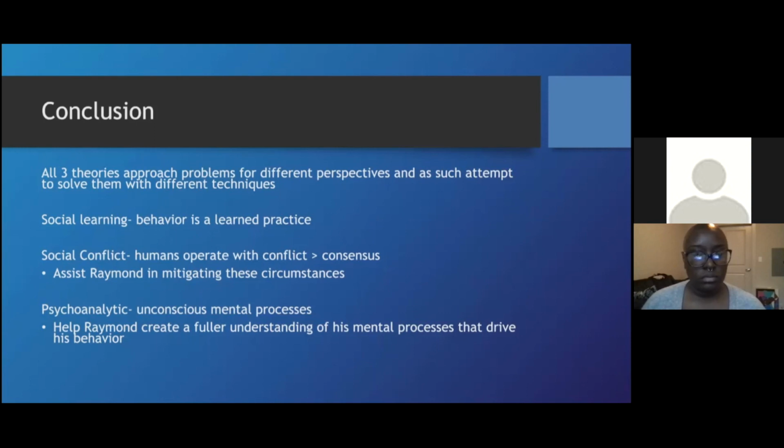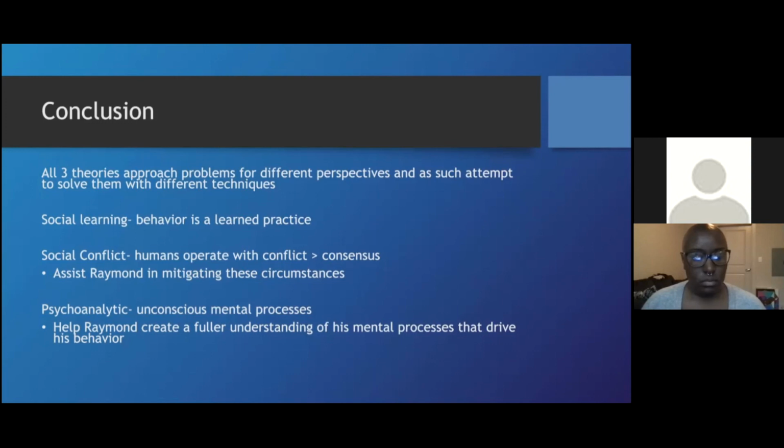Social conflict theory is about how humans operate with a mindset of conflict over consensus. So they'd be really interested in the different conflicts that Raymond is in at the moment: Raymond versus the hospital, Raymond versus his siblings or his parents. They would be really interested in assisting Raymond in mitigating those circumstances for better outcomes.